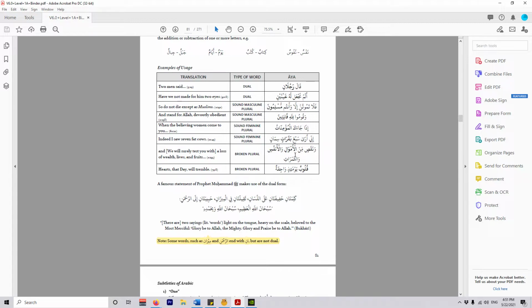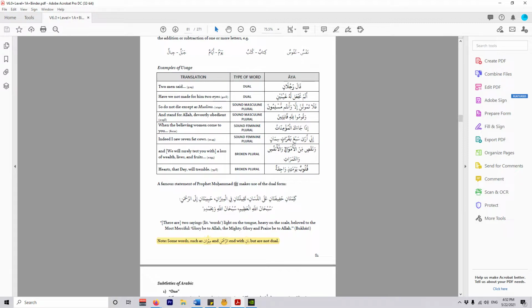وَنَقْصٍ مِنَ الْأَمْوَالِ وَالْأَنْفُسِ وَالثَّمَرَاتِ. Okay, so this is a good little verse here to explain the grammar, because amwali comes from the singular mal, money. So al-amwali here is a broken plural, and anfus. So you have nufus.